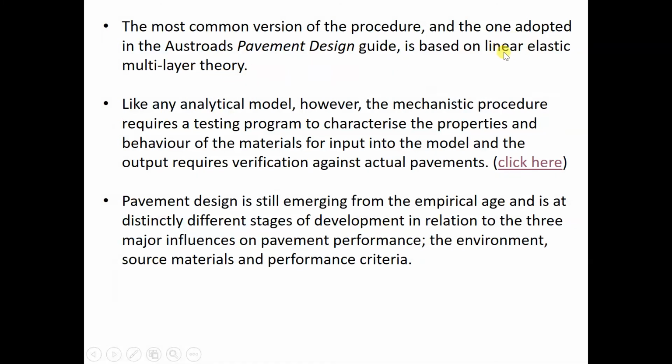Linear means only one direction, and elastic means we assume that the material will bounce back when the load is released. Like any analytical model, however, the mechanistic procedure requires a testing program to characterize the properties and behavior of the materials for input into the model, and the output requires verification against actual pavement.